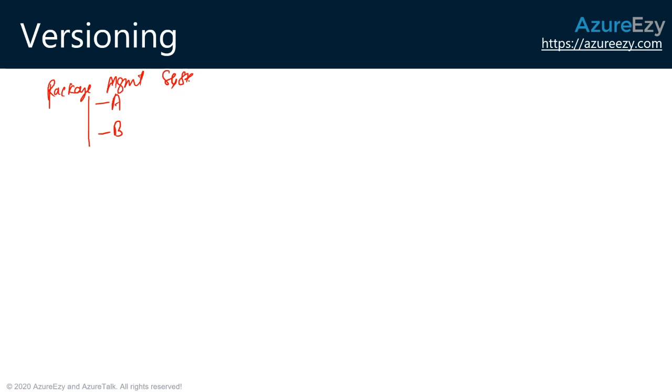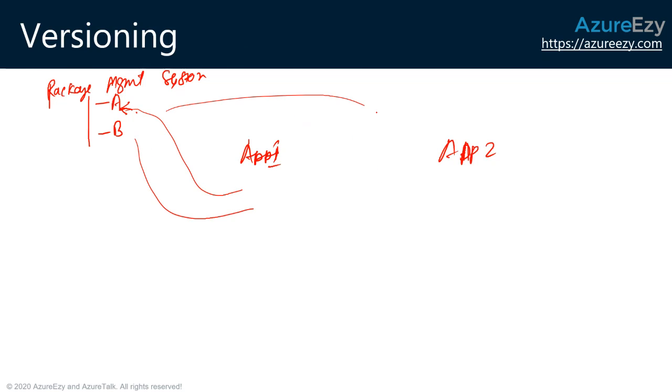Now this A is being used in application app 1, and app 2 is also using it, just like the previous example. Here also A is being used and B is being used.